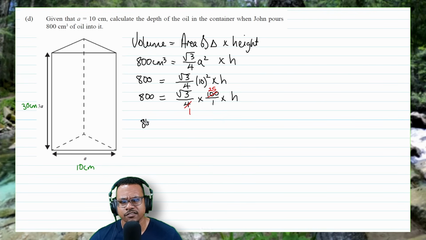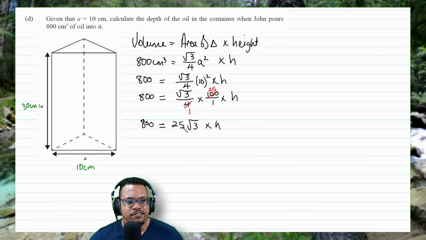So I'll have 800 is equal to 25 times the square root of 3 times h. Now that we have 25 times square root of 3 multiplied by h, and I want to find what h is, I'll transfer this 25 times square root of 3 across the equal sign, and the operation will change from multiplication to division.